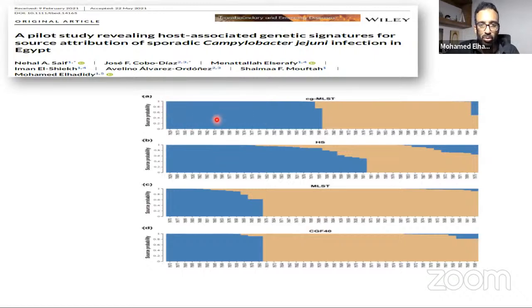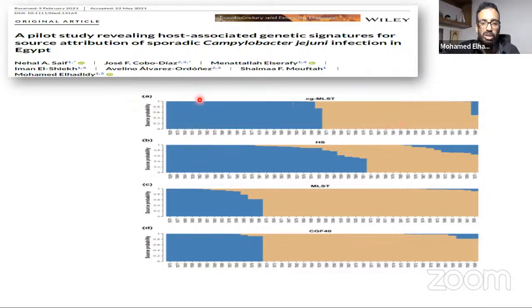Blue means chicken is potentially the infection source, and beige is cattle. Before doing this, we made a verification analysis with STRUCTURE by doing self-attribution analysis. We have isolates that we know are from chicken and isolates that we know are from cattle, and we do self-attribution analysis to verify the accuracy of this model.